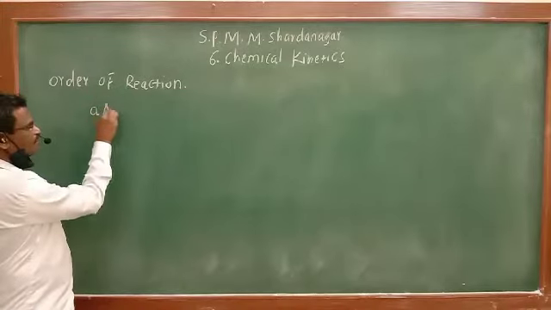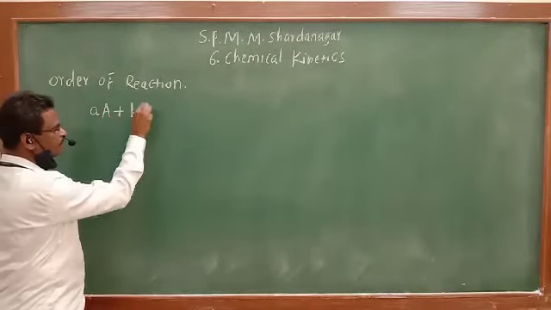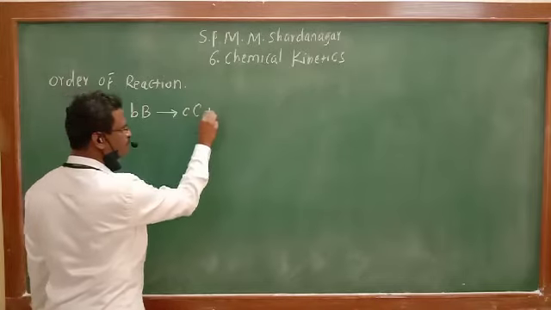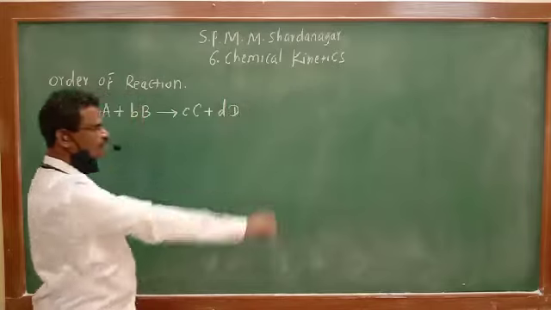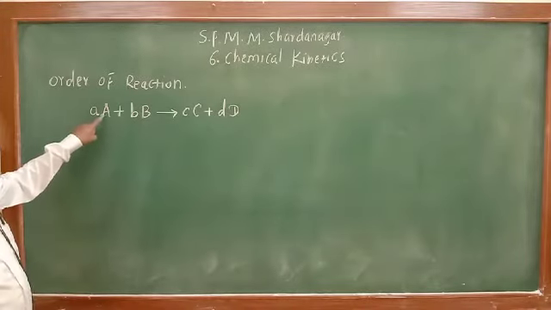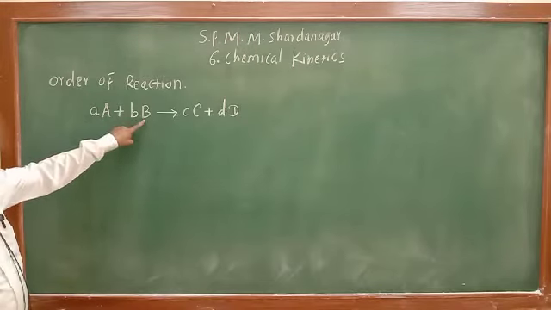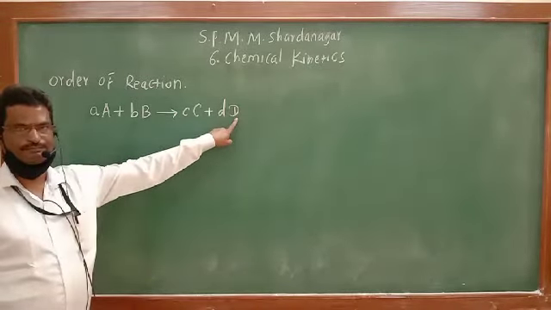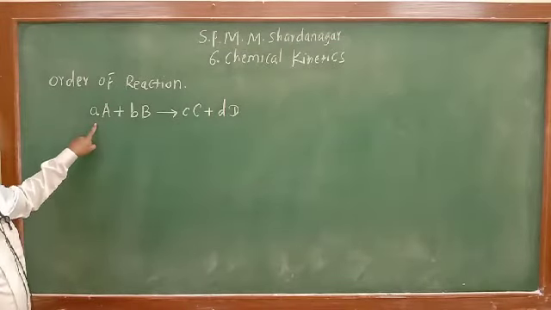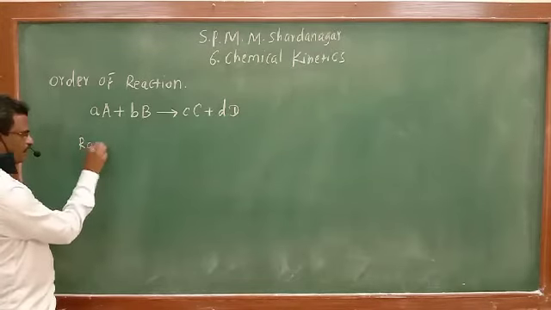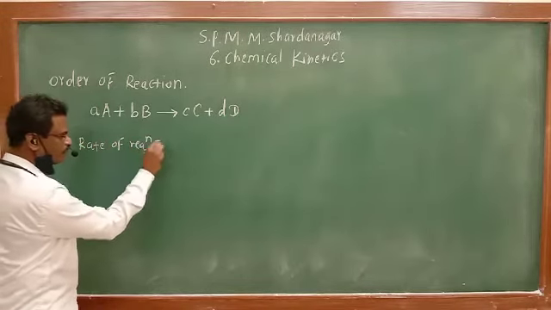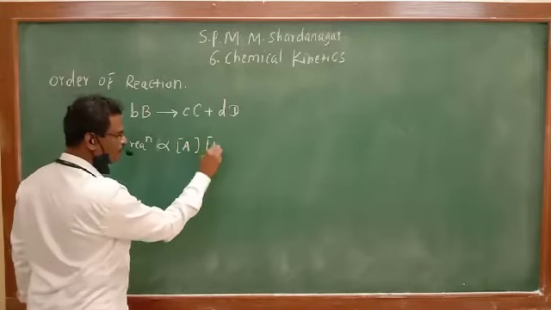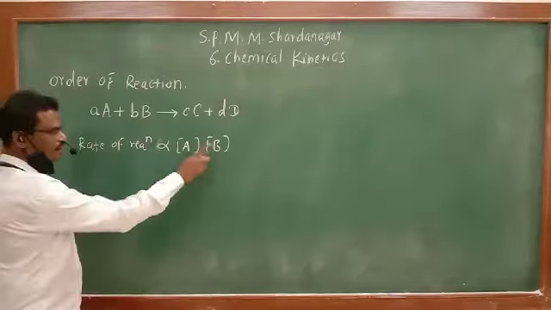A moles of the reactant A react with B moles of the reactant B to give C moles of the product C plus D moles of the product D. For this reaction, we have seen that the rate of reaction is directly proportional to concentration of A into concentration of B, because A and B are the reactants.